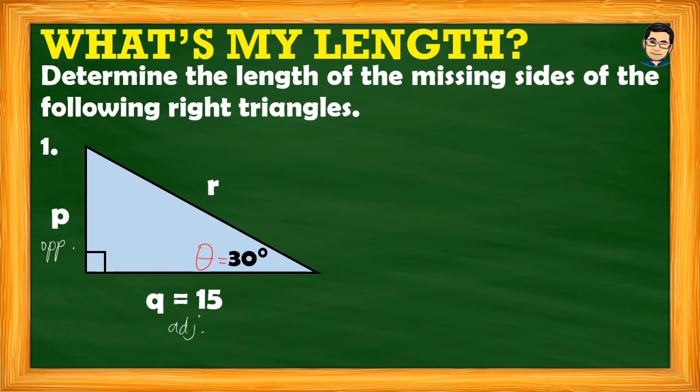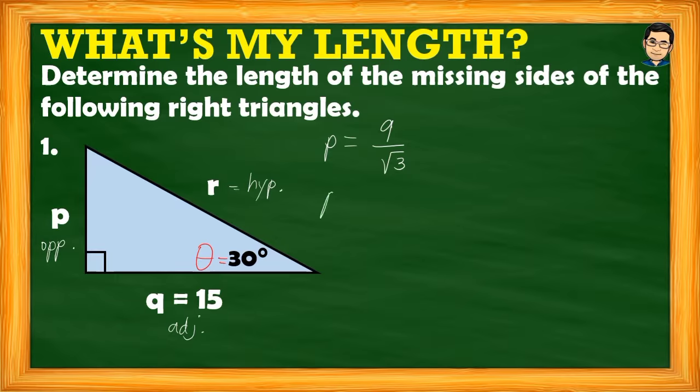So, R, ito naman yung ating hypotenuse. So, paano natin makukuha yung length? Okay. So, kung 30-60-90 degree right triangle yon, ang gagawin lang natin, una muna P. So, para makuha yung P, yung Q, i-divide lang po natin sa square root of 3. So, kung anong sukat ng Q, i-divide sa square root of 3.